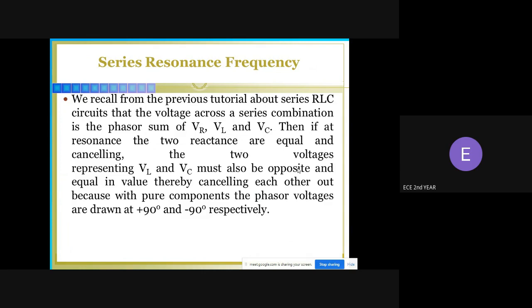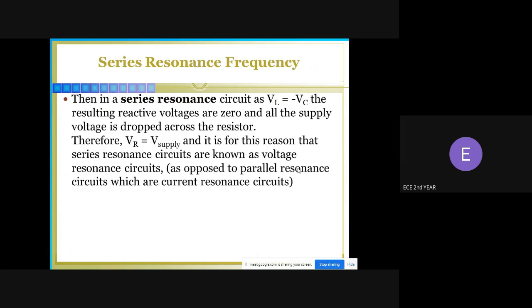Then, if at resonance the two reactances are equal and cancelling, the two voltages VL and VC must be opposite and equal in value, thereby cancelling each other out, because with pure components the phasor voltages are drawn at plus 90 degrees and minus 90 degrees. Then in a series resonance, the circuit has VL equal to minus VC, the resulting reactive voltages are zero, and all the supply voltage is dropped across the resistance.